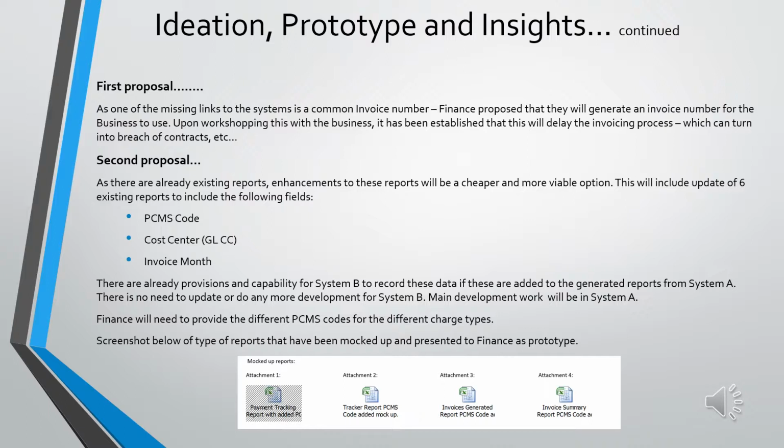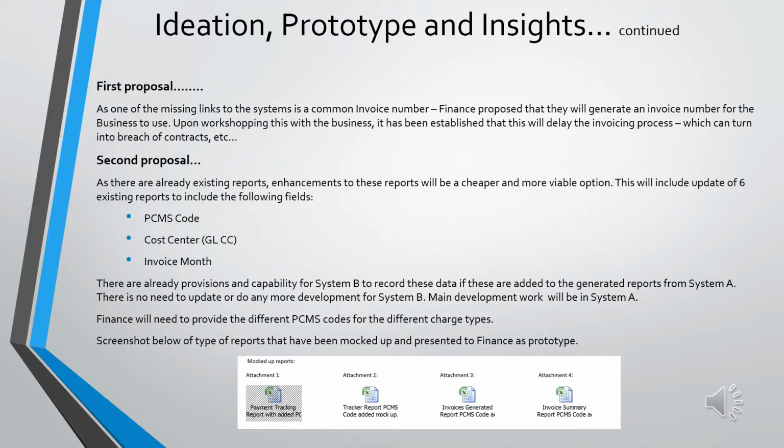The second proposal that I had was, because there are already existing reports in the system, which is System A, the enhancements to these reports will just be a cheaper and a more viable option.